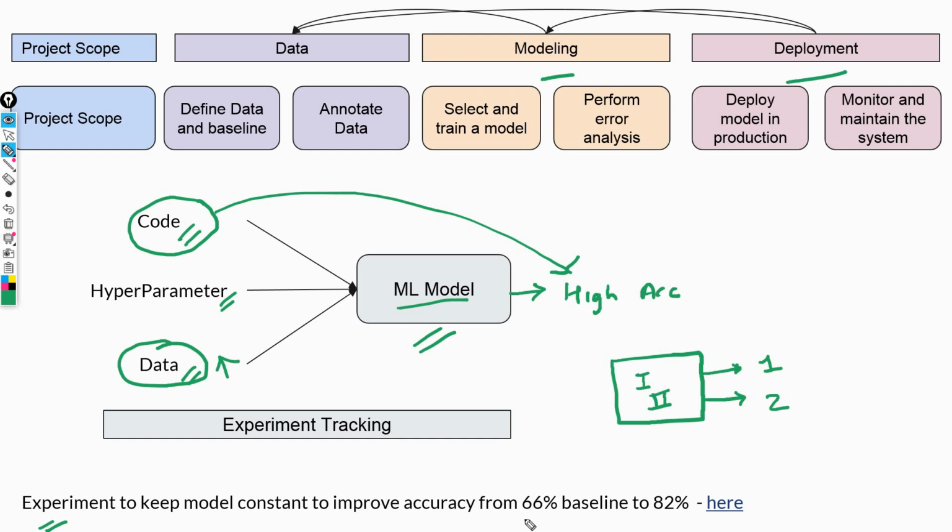So on the ResNet 50 model, the baseline accuracy was 66%, and as we increased the data quality, the accuracy jumped to 82%. I have posted the link in the detailed description below, so you can have a look.